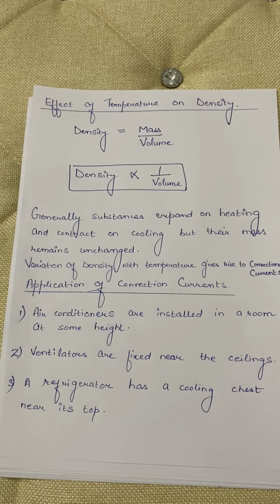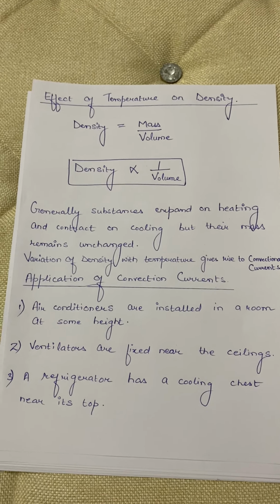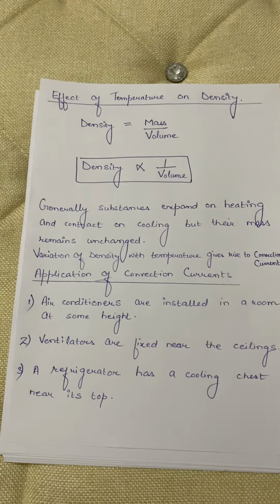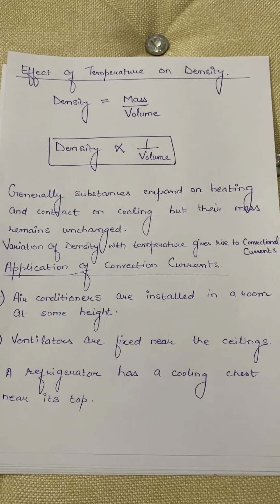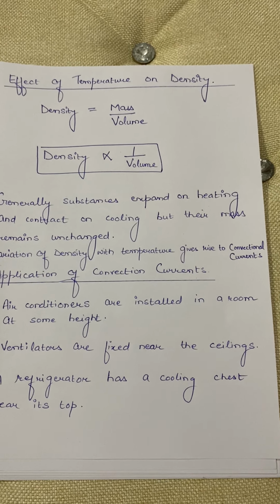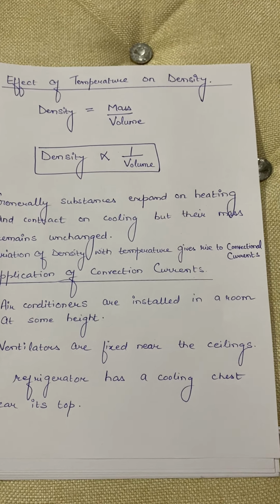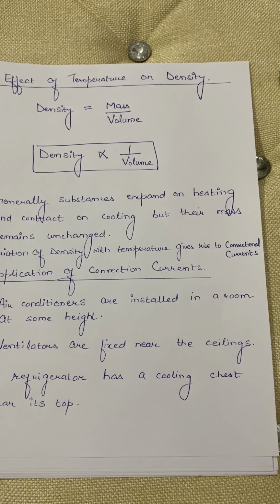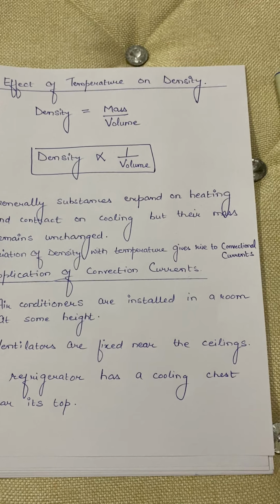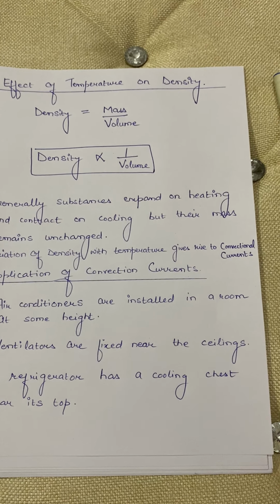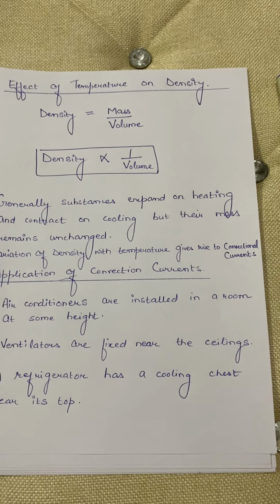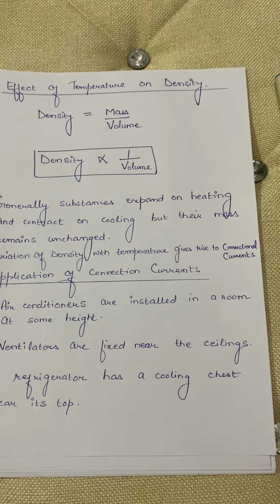Now, what are the applications of convection currents? We find that air conditioners are always installed in a room at some height. Why is it done so? The reason is that the cold air coming out of the air conditioner, being heavier, will definitely move downwards, and the hot air in the room, being lighter as compared to that cold air, will move upwards.